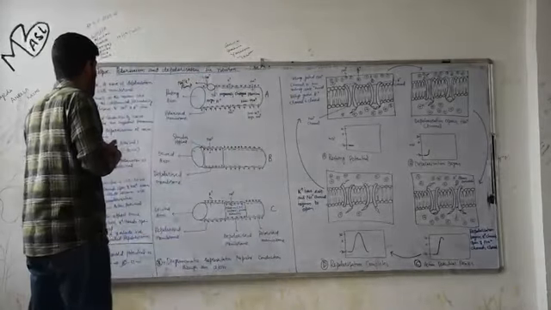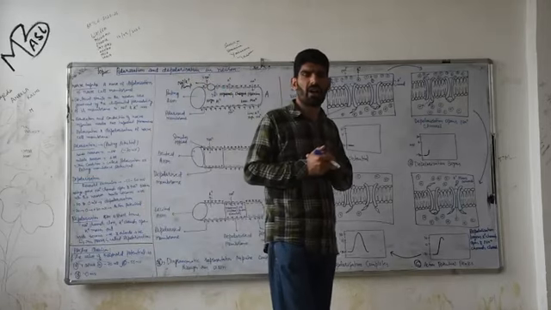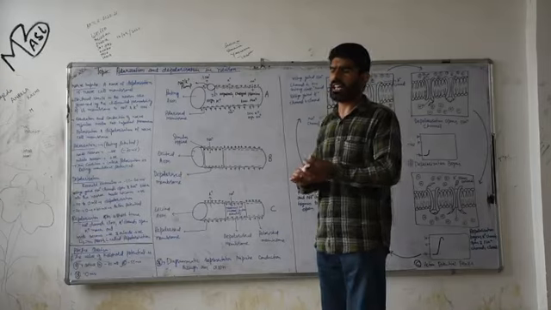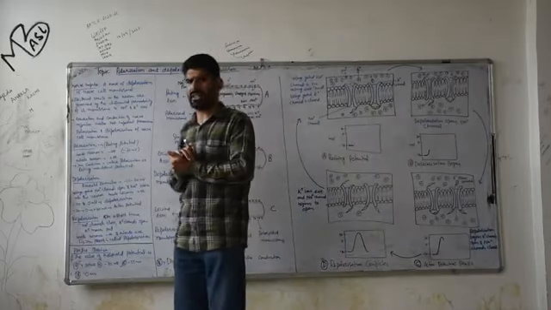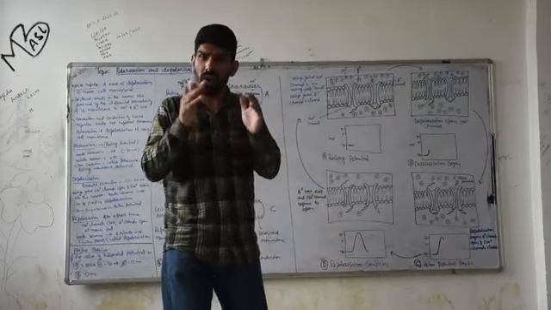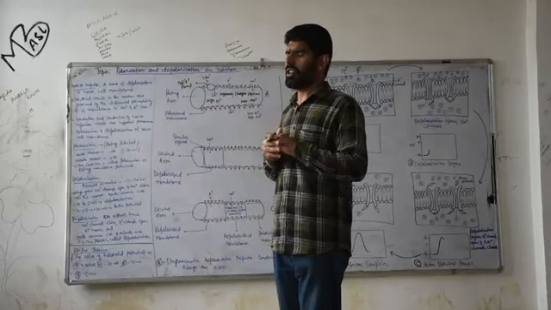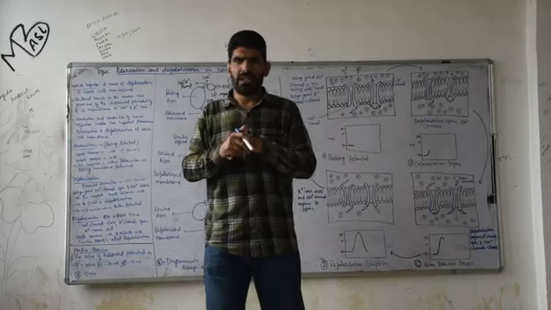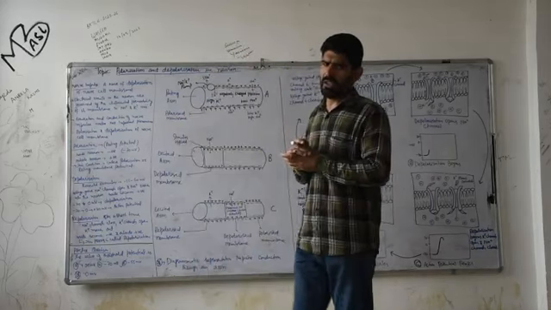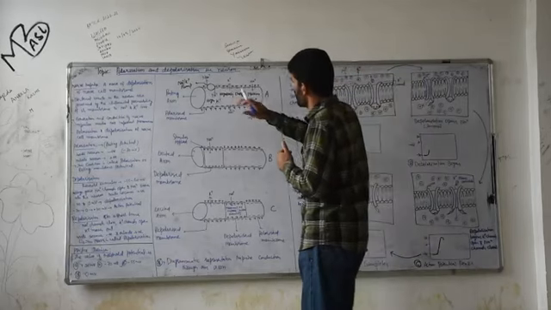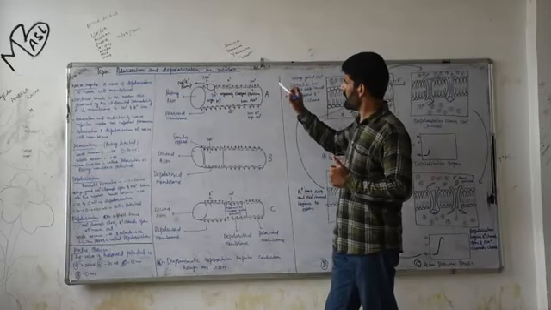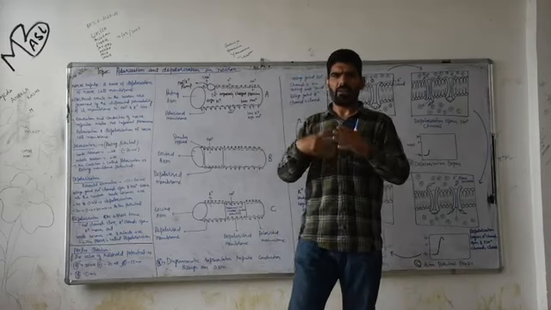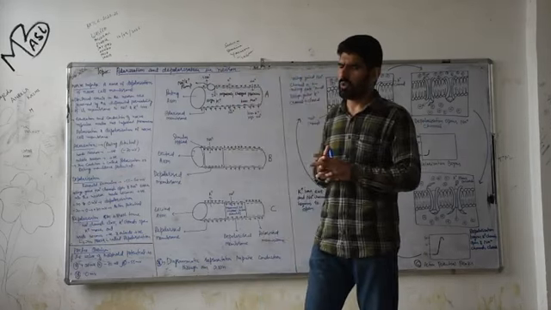So, for understanding how the important electrical events like polarization and depolarization take place in the neuron, we have to understand a little bit about the membrane of the neuron. There is something important in the membrane of the neuron. You see here, this is a neuron, and here is a transporter that actually transports sodium and potassium.